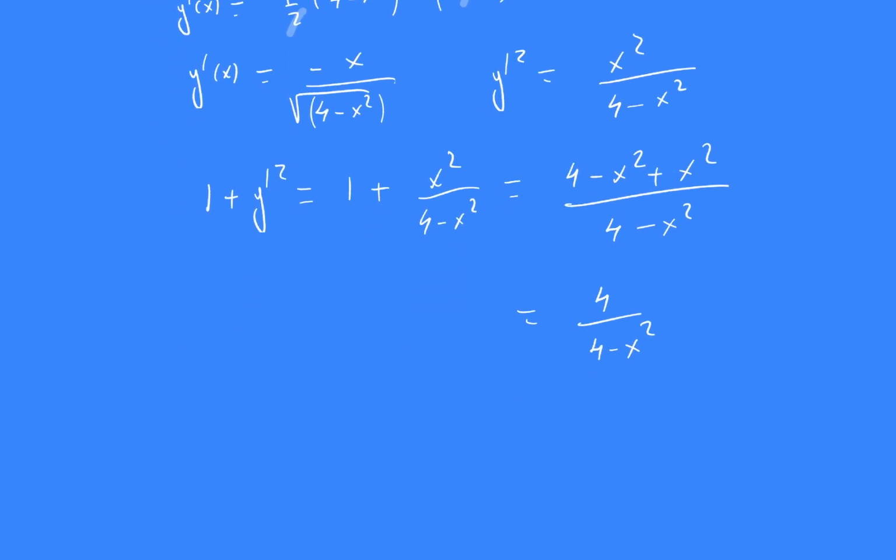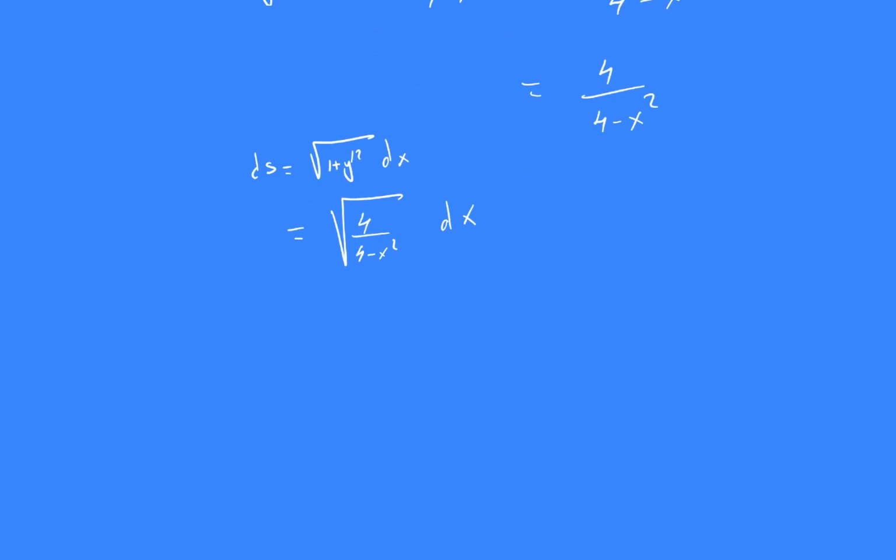And the term in the arc length is the square root of 1 plus y prime squared dx, or in other words, the square root of 4 divided by 4 minus x squared dx.